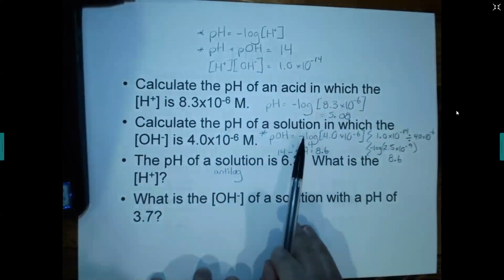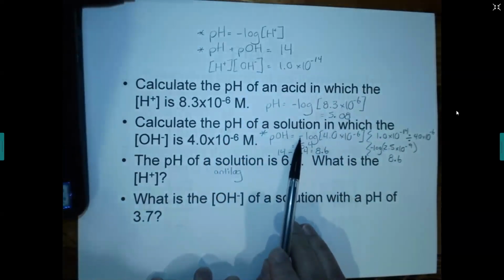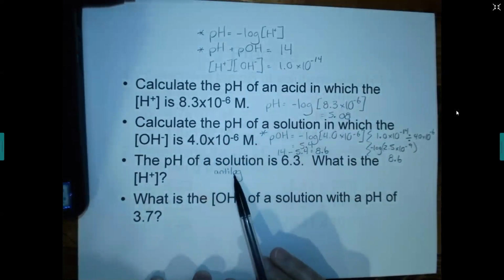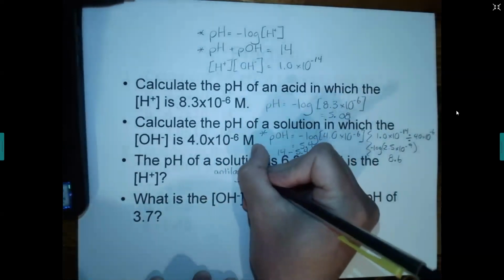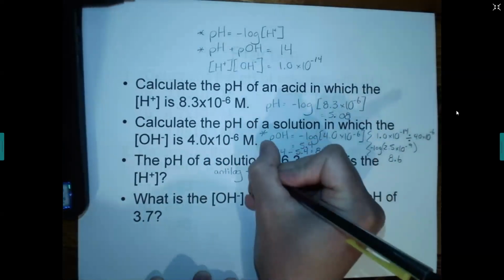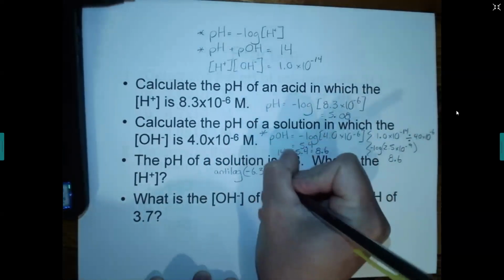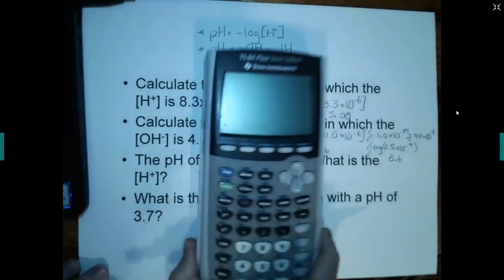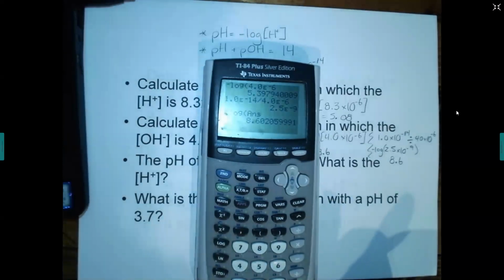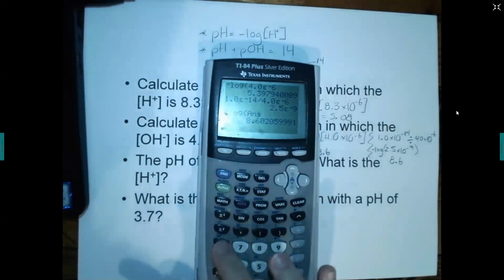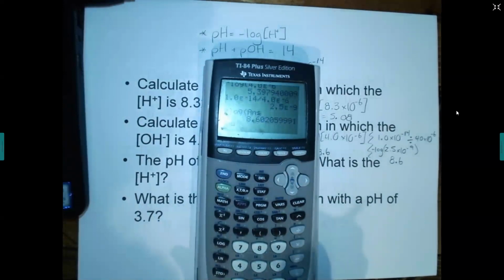And where do we incorporate that negative? You're not going to type in the negative anti-log. You're going to type in negative whatever this number is, 6.3. On my calculator, that's just a second function, second log, negative 6.3.